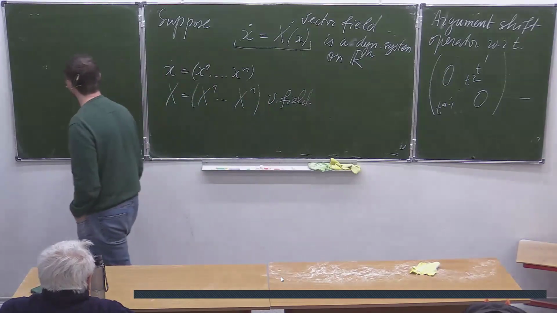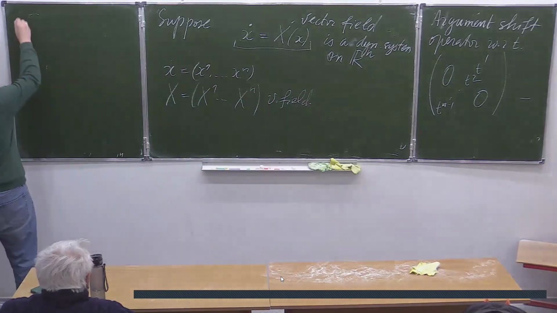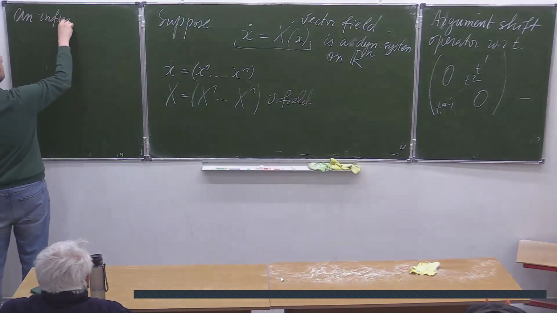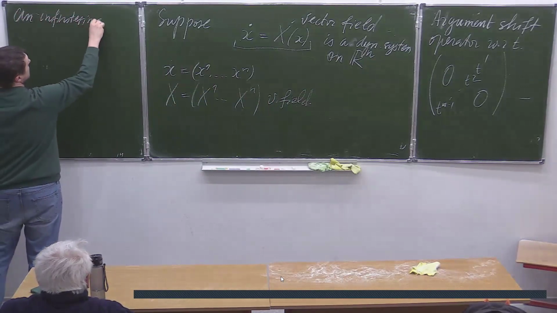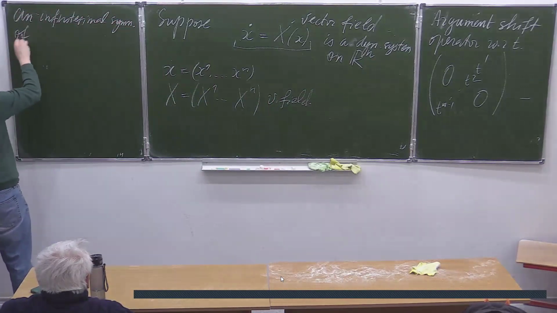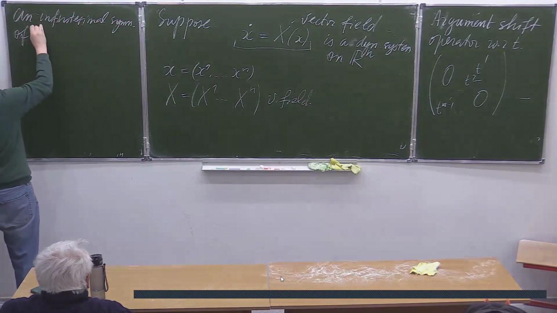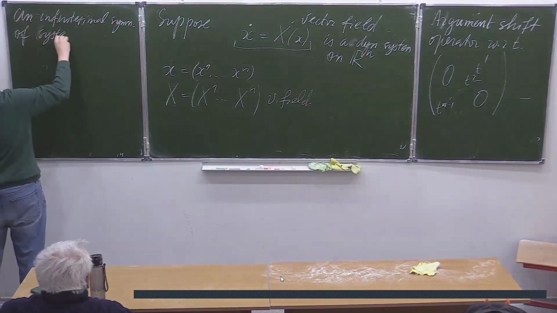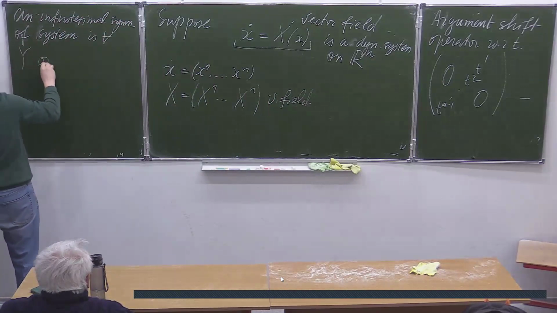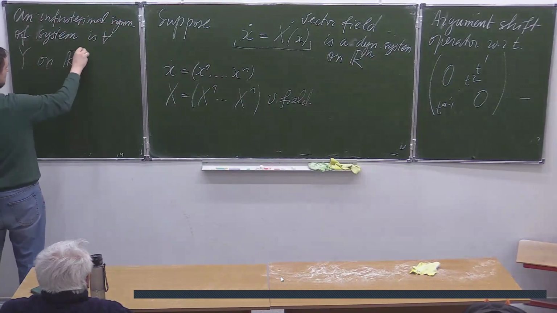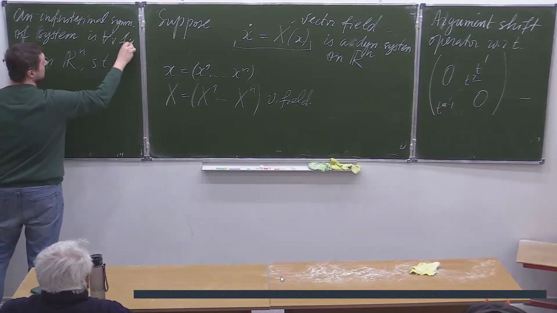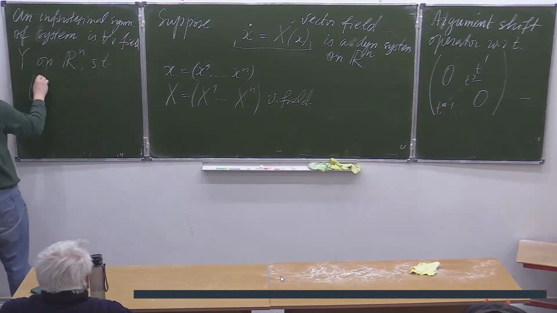A symmetry, an infinitesimal symmetry of the system is any vector field Y on R^n, also local, such that the commutator of X and Y vanishes.